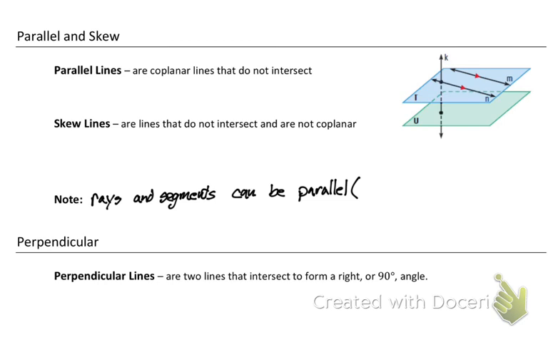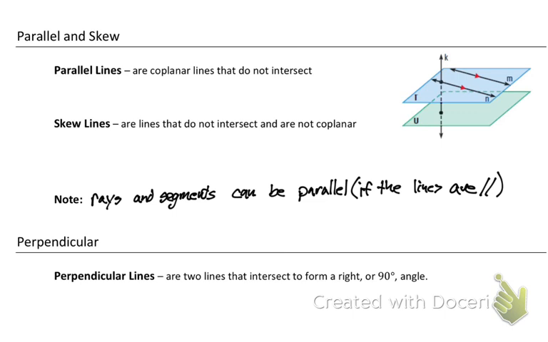I'll talk about what I mean in a second. We're just going to write it down. So rays and segments can be parallel as long as the lines containing the ray and segment are also parallel.